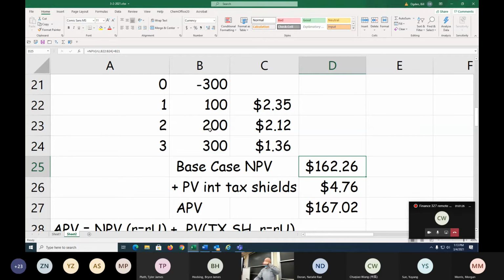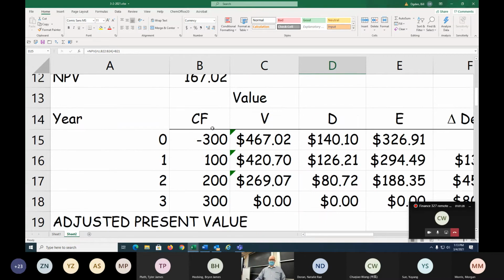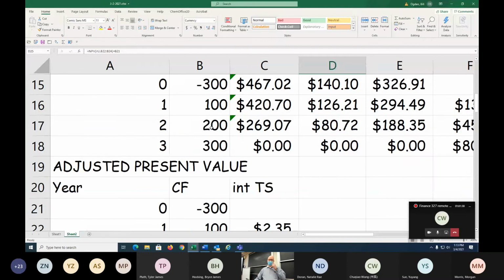Okay, let's do a little bit of review here. Recall that in this first example we did, recall that what determines the value? The cash flows, right? We discount these cash flows, we get a value.